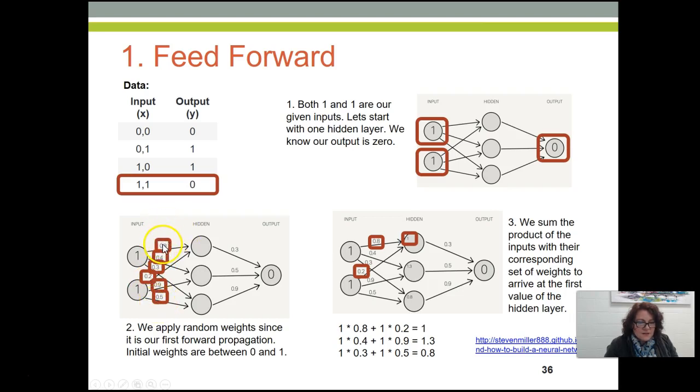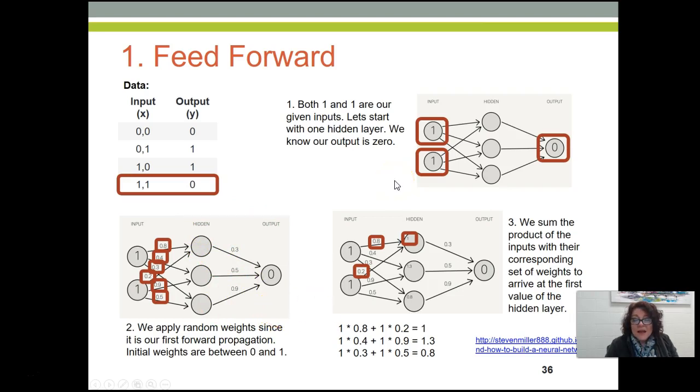We're seeing here 0.8, 0.4, 0.3 as initial weights for x1, and we're seeing 0.2, 0.9, and 0.5 as initial weights for our x2. We're seeing here as well 0.3, 0.5, and 0.9 as the random weights for the connections between our hidden and our output layer.